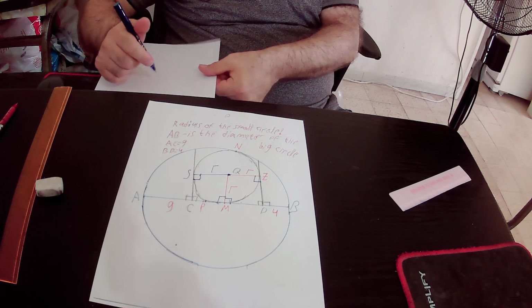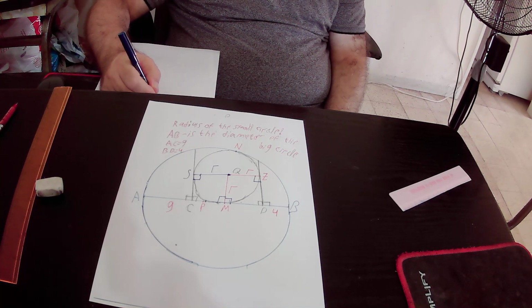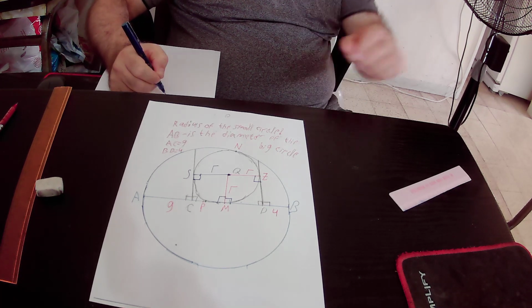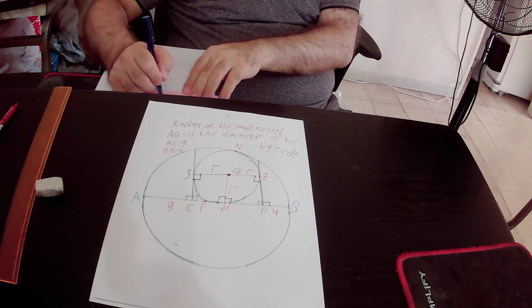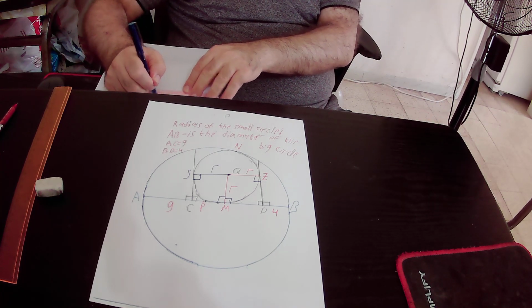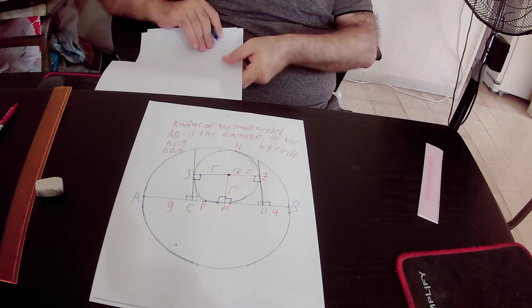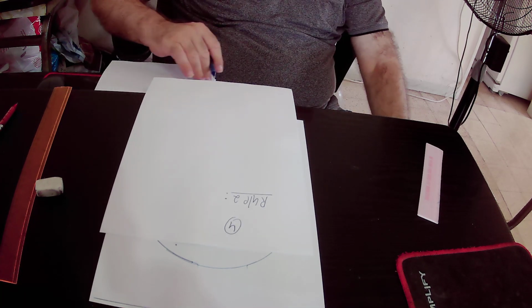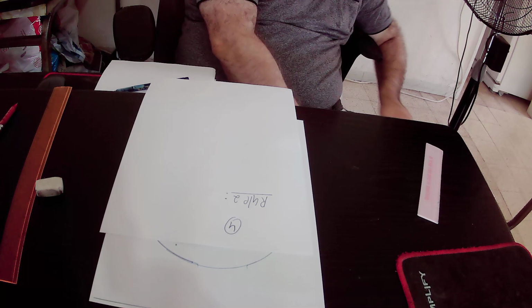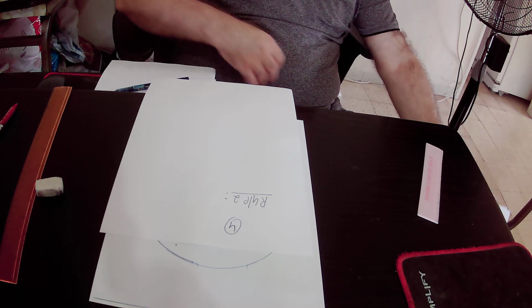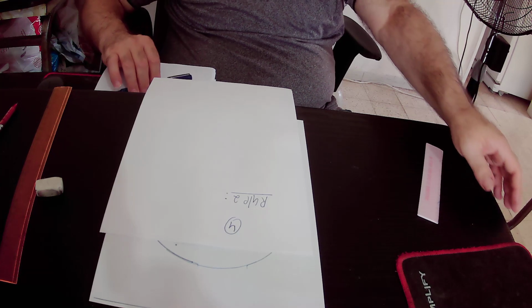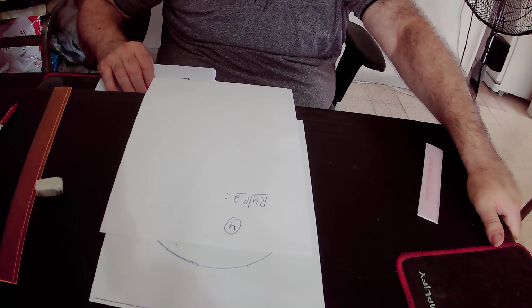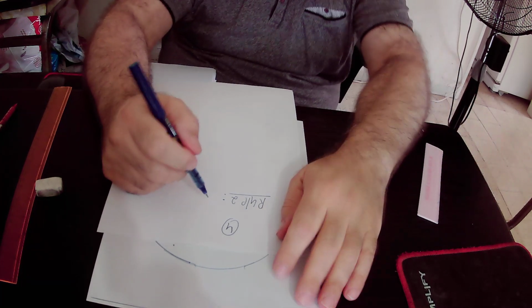And we have rule number 2. Rule number 2 states that the sum of the angles inside the quadrilateral equals 360 degrees. I will write it down.